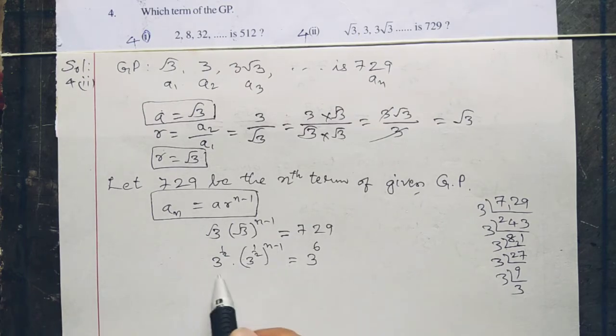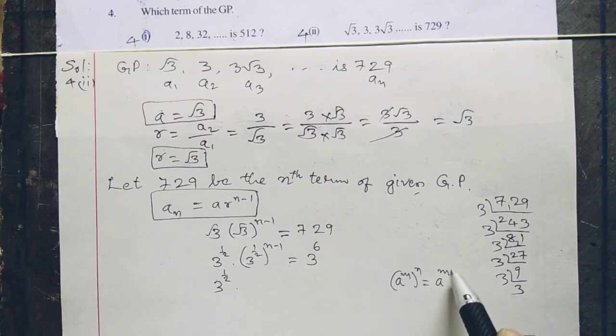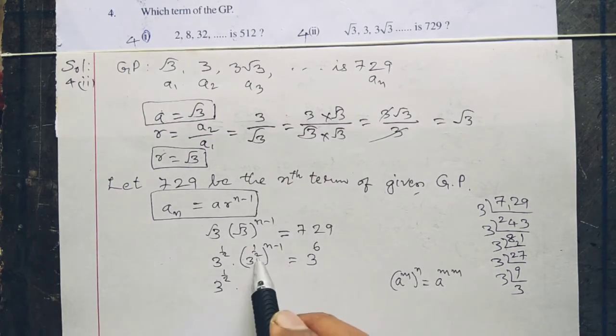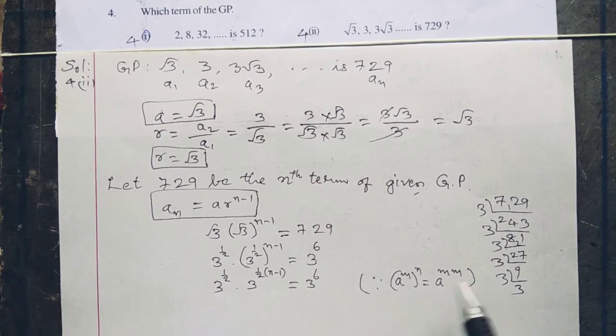3 to the power of 1 by 2 is in the form of a to the power m whole to the power of n, then we can write a to the power of mn. So 3 to the power of 1 by 2 into n minus 1, equal to 3 to the power of 6. This is the formula we applied. So bases are equal in multiplication: a to the power m into a to the power n, then we can write a to the power of m plus n.